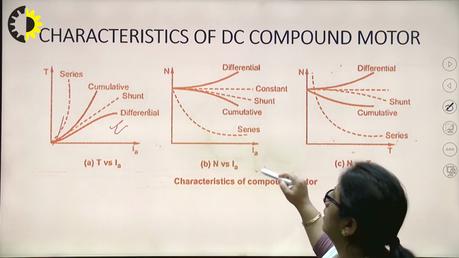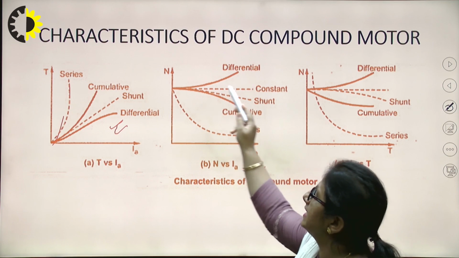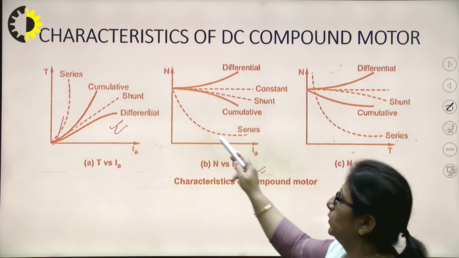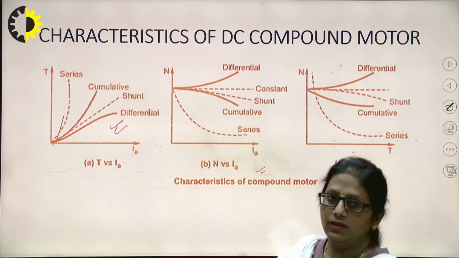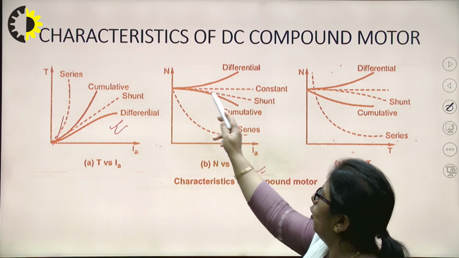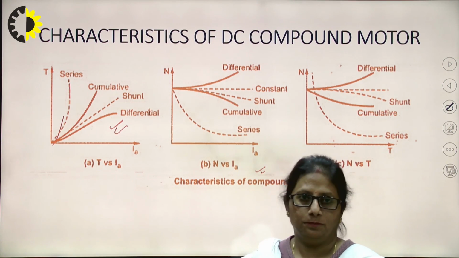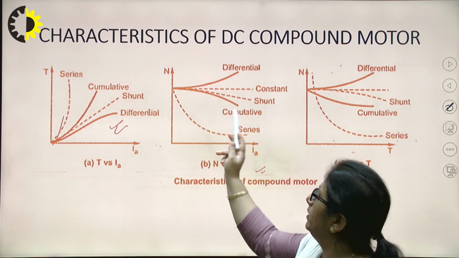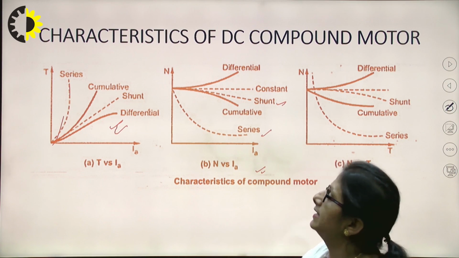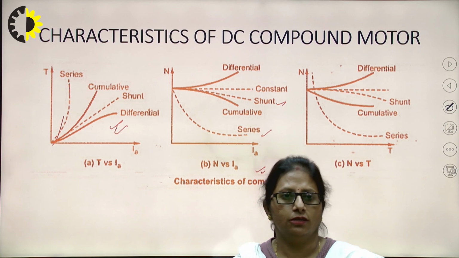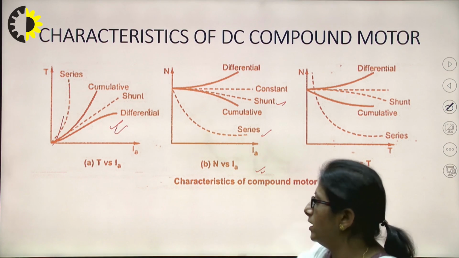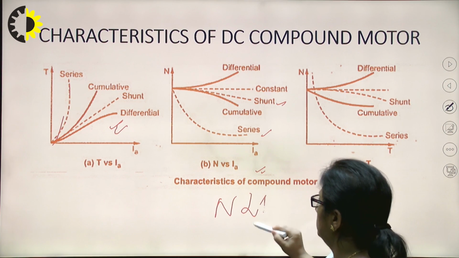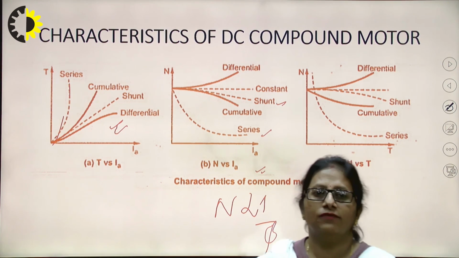In the second graph, we can see this is the constant baseline. For the series, it is inversely proportional, the dotted one. For the shunt, it has a small drooping characteristic. The cumulative, once again, lies between the shunt and the series. For the differential, the speed is inversely proportional to the flux, and in a differential the flux is never increasing.